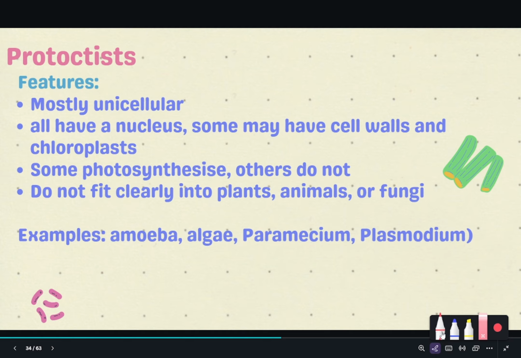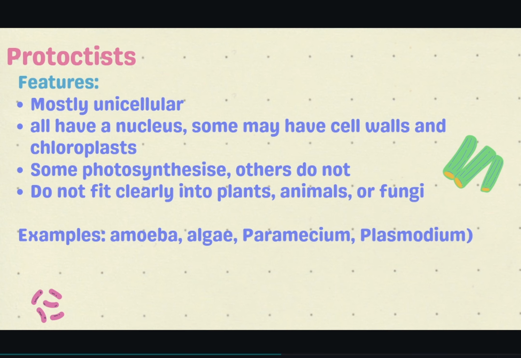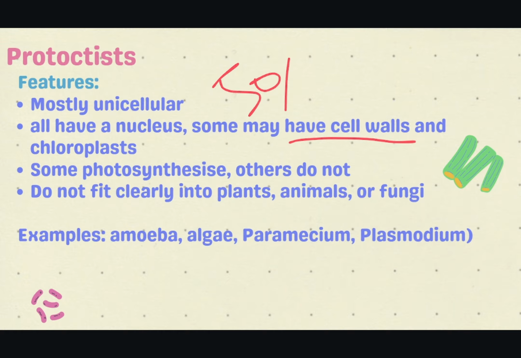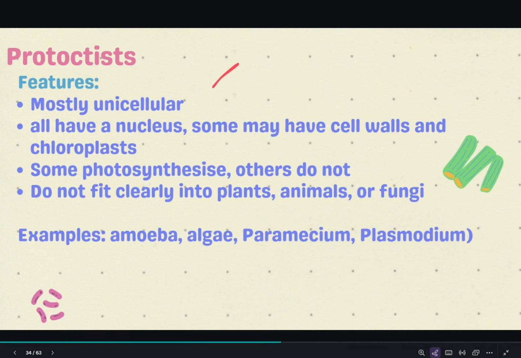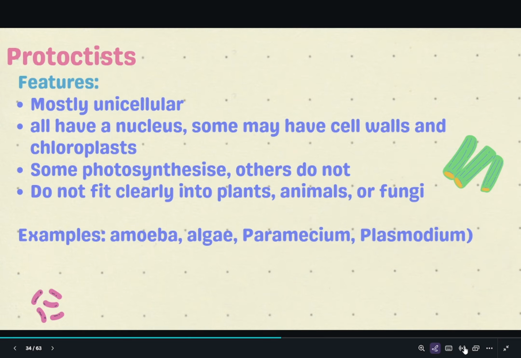Some of them feed on other organisms, whereas others which have the chloroplasts and cell walls make their own food by the process of photosynthesis. It's not that all of them will have or all of them will not have. They might have or they might not have.